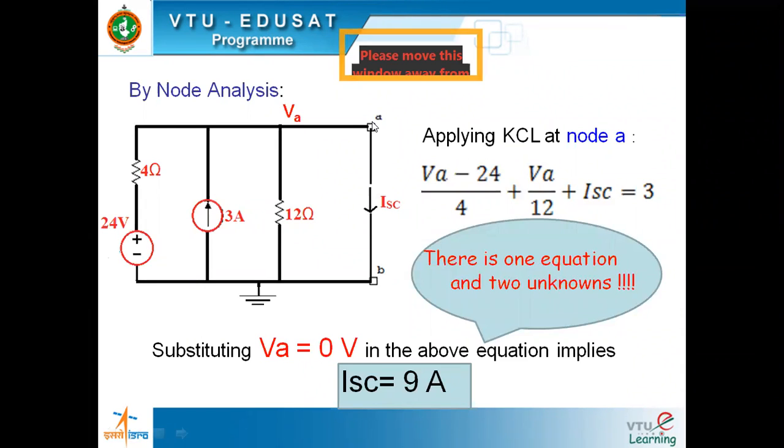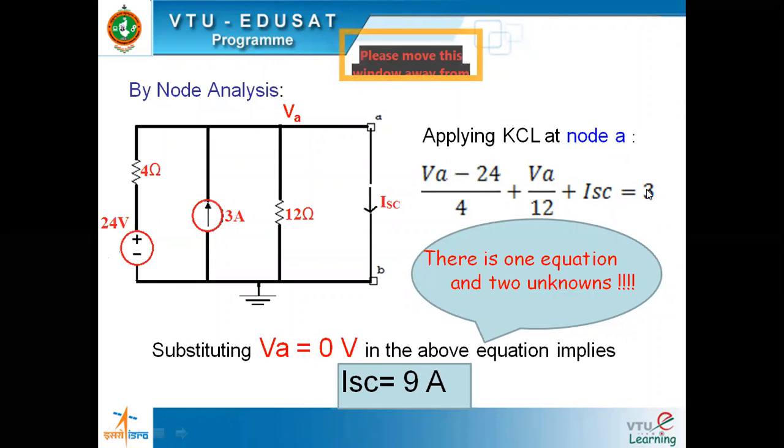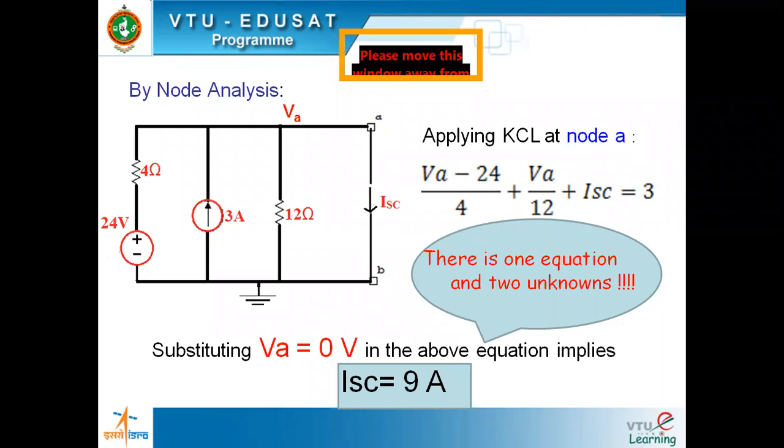So wherever we short these two terminals to mark ISC, understand straight away that the voltage at node A is 0. You're not supposed to forget this, otherwise you'll not be able to solve this problem. Most of them get stuck here because it is one equation, two unknowns. But if you understand that A is connected to B and B is connected to ground, so VA would be 0, you can find ISC, otherwise no.